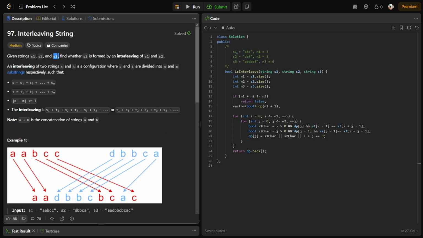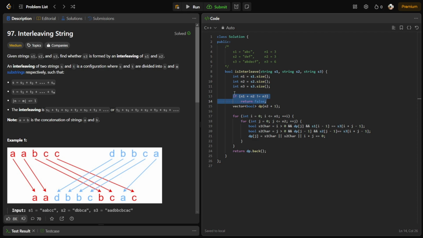So here I have an example set up for us. S1 is ABC, S2 is DEF, and S3 is this, right? After that, I have three ints here, which keep track of the three sizes, N1 for S1, N2 for S2, N3 for S3.